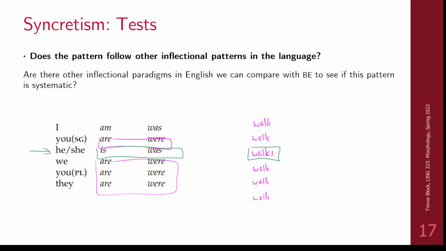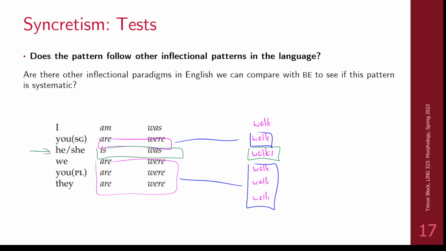So the fact that we have something exceptional here tells us that, hey, that is exceptional. But the fact, and this is important, the fact that we have the same form appearing in all of these plurals and the singular you indicates that, hey, this is actually a systematic change, because other things are appearing the same way.